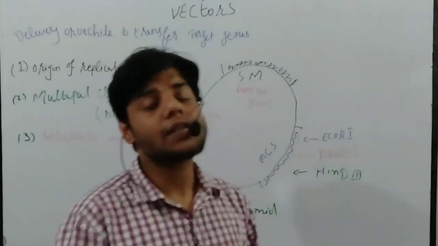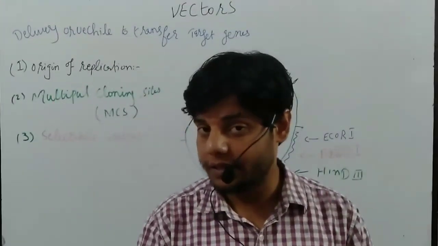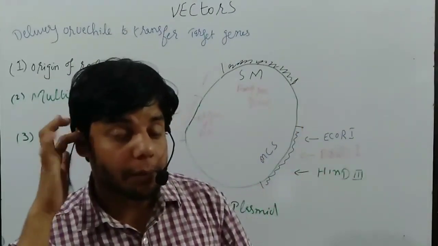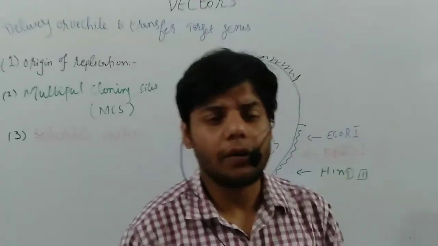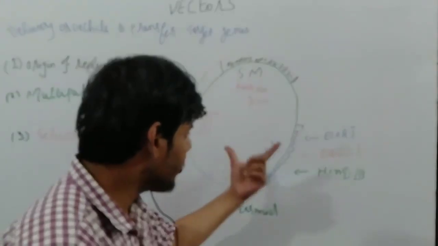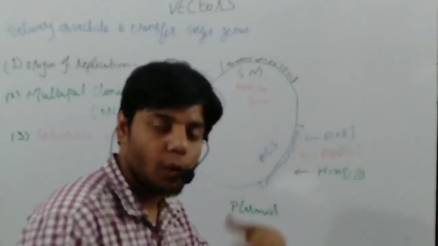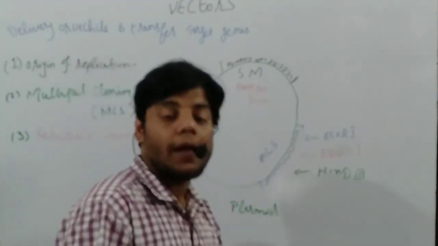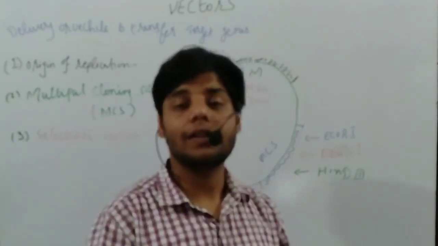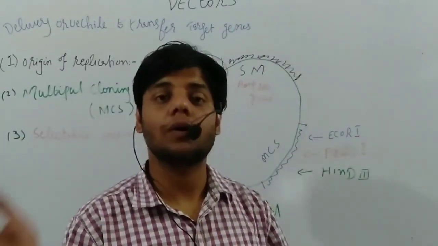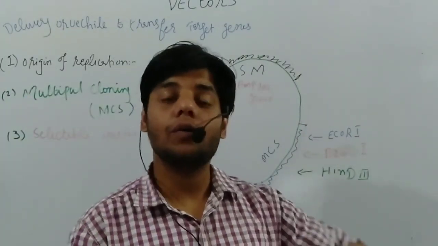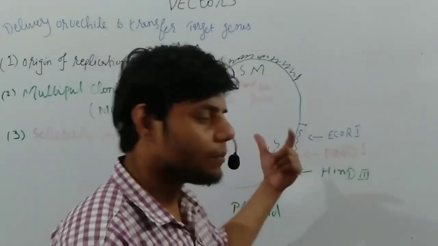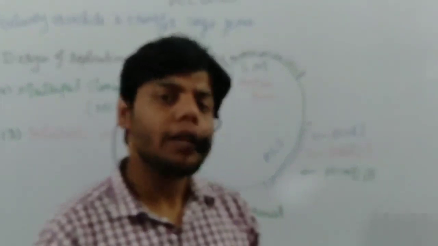Now let me tell you some other basic important things. Whenever we treat the vector with a restriction enzyme, the vector is cleaved. Then we add the gene of interest, the ligase enzyme, the polymerase enzyme, and sometimes some other materials.